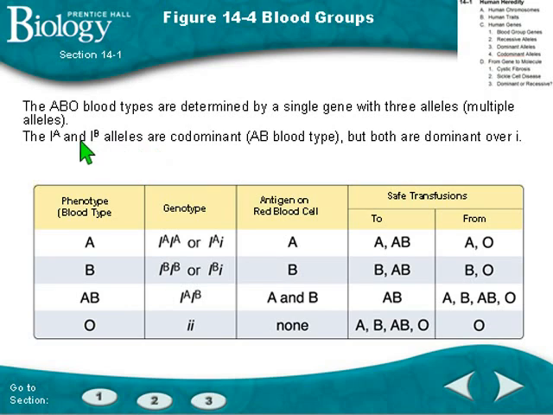So blood groups not only have multiple alleles, but there also is codominance, and dominance over the i allele, which codes for O blood type. And you can see anybody with IBi or IAi is going to have A or B blood type.